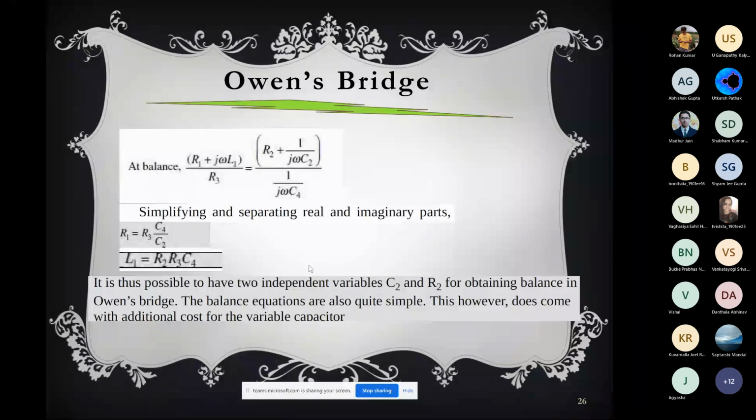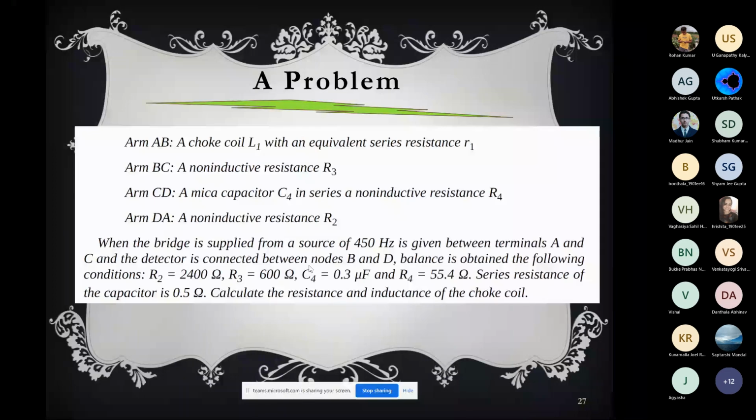Okay, so now let's see a problem or numericals. Let's solve it. The arm AB will be a choke coil L1 with associated small resistance r1. Arm BC will be a non-inductive resistance.